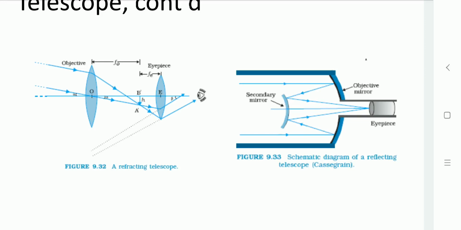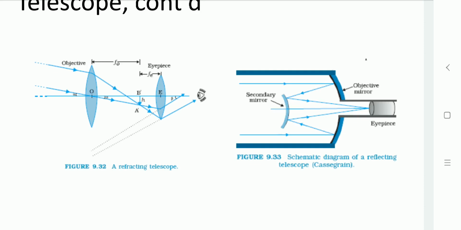So it is desirable in a telescope to make the objective of larger diameter. The largest objective lens utilized has a diameter of 40 inch.